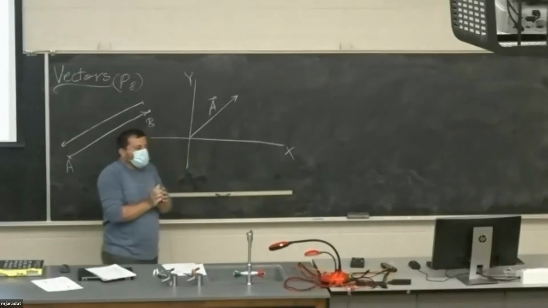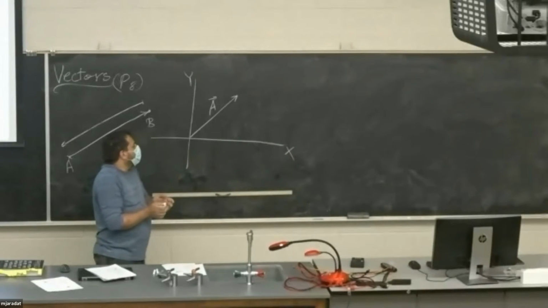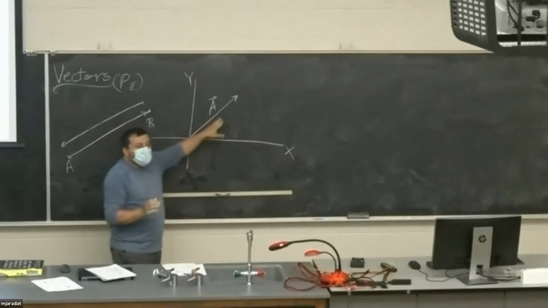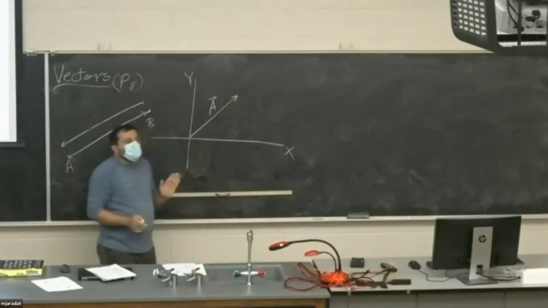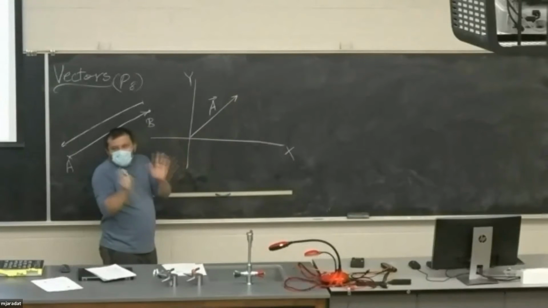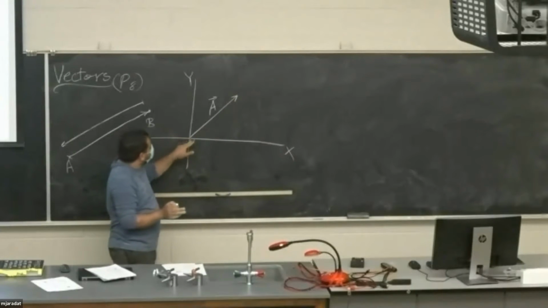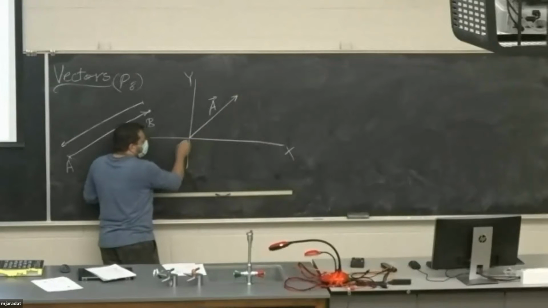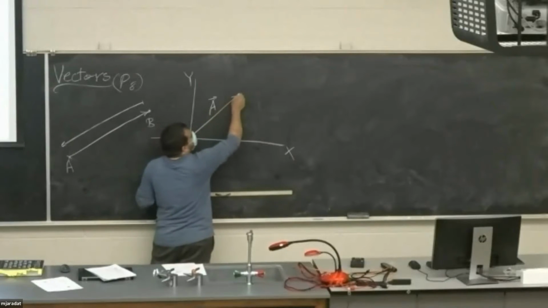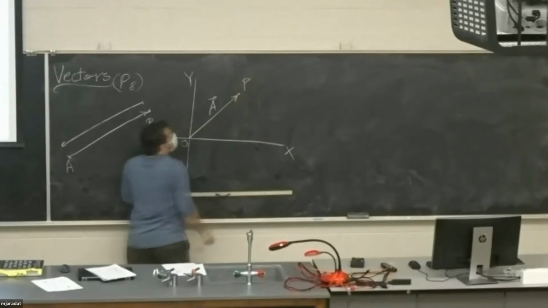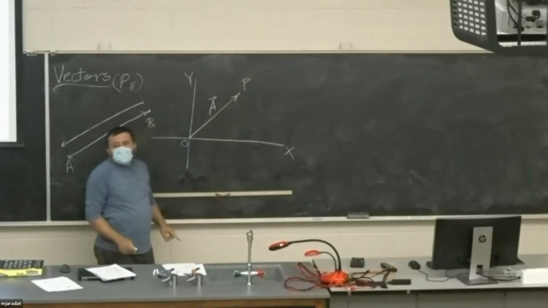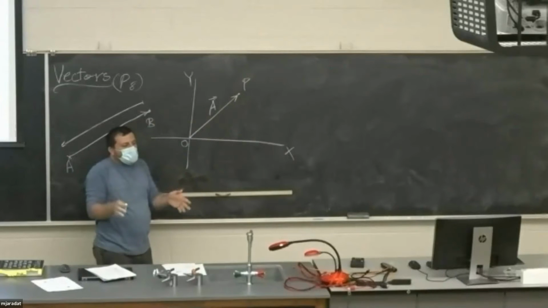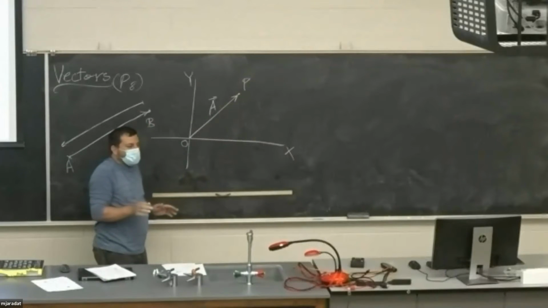Now, assume each vector has a length or magnitude. This length: assume yourself, you can walk from the origin to this point, let me name it P. You can walk from O to P. You are free to choose your way.